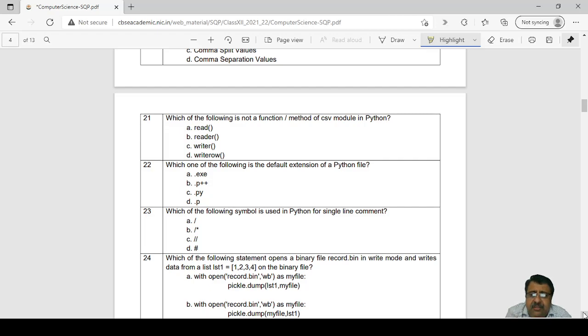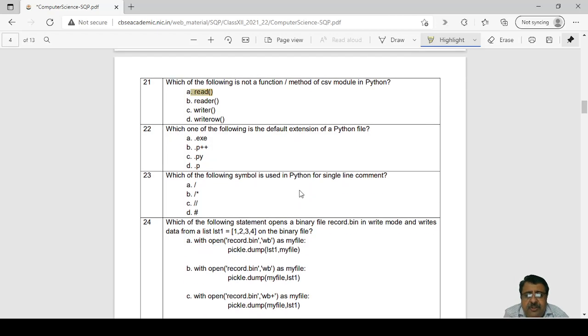Read, reader, writer, and writerow. Okay. So we know that read is a method to read text files. So definitely it is not part of the CSV module.